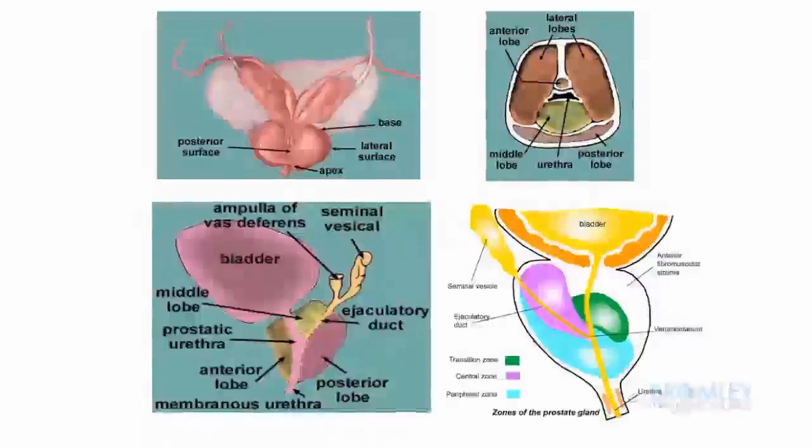That is the one which can get enlarged, and it can project and cause problems. And of course, it's got an anterior lobe, which is the equivalent of what we used to call the isthmus of the prostate gland, and it lies anterior to the urethra.